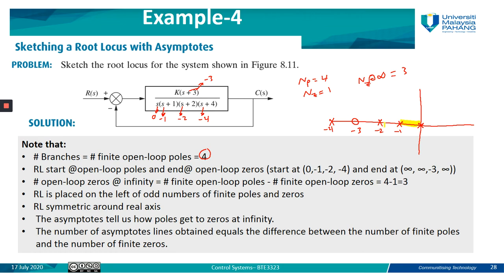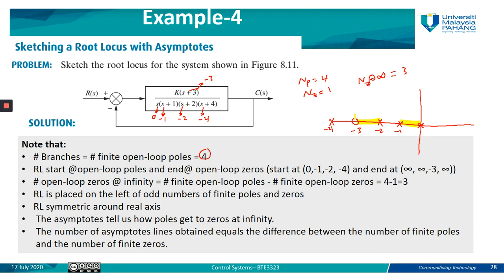Between -1 and -2, there is no root locus here, because we are on the left of 2 poles. On the left of -2, we are on the left of 3 poles, so there will be a root locus here. On the left of -3 here, we do not have any root locus, because we are on the left of 3 poles plus 1 zero, so it's an even number, not an odd number.